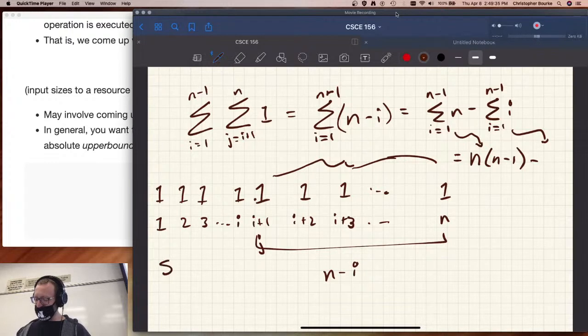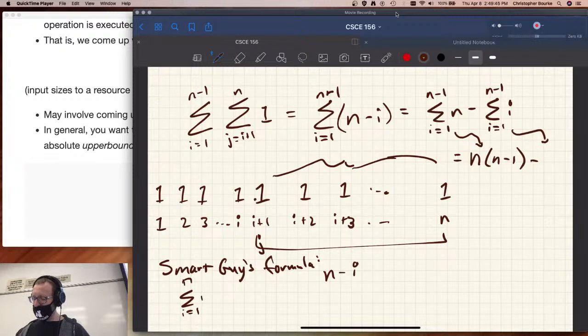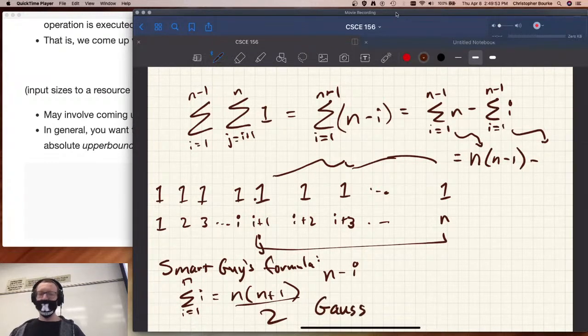So I'm going to go ahead and repeat that smart guy's formula. The summation of i equals 1 up to n of i is n times n plus 1 all over 2. That smart guy again was Gauss, but I like that smart guy's formula.